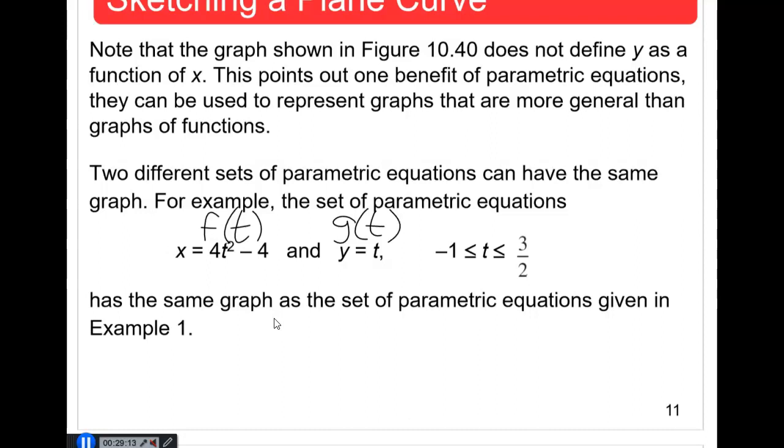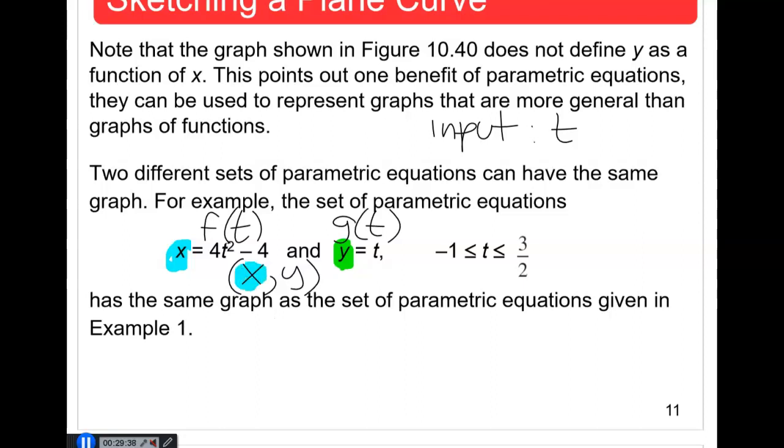So for both of them, the input or the independent variable is t. That's why we call them functions of t. And the output just happens to be, one is going to be x and the other one is going to be y. And when we put them together, they form an ordered pair. But we find those individually.